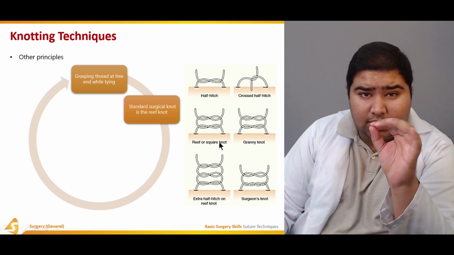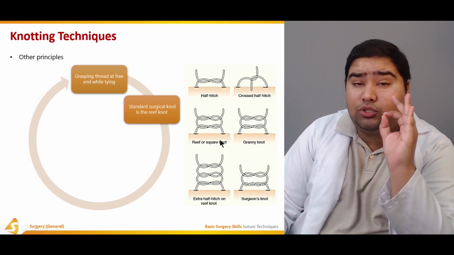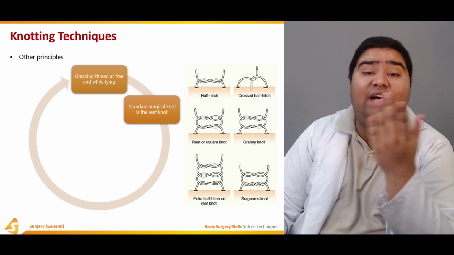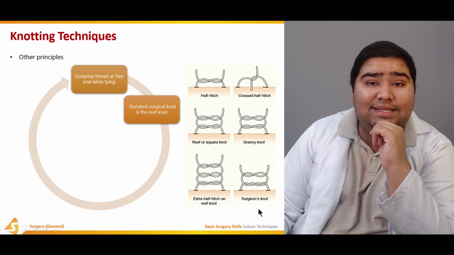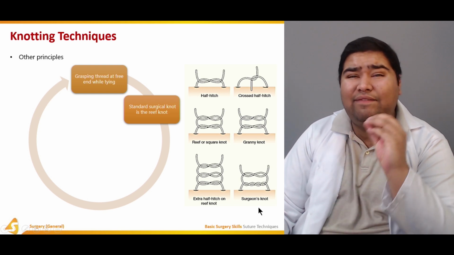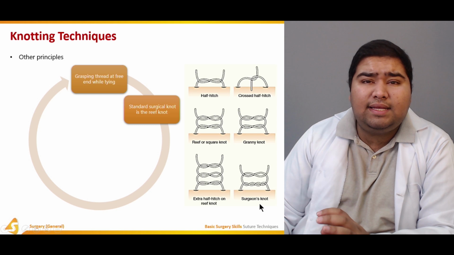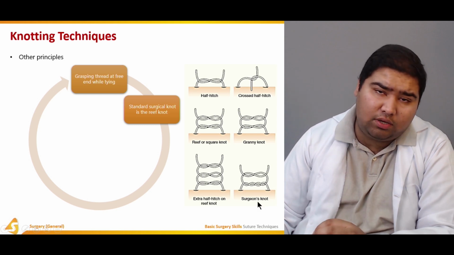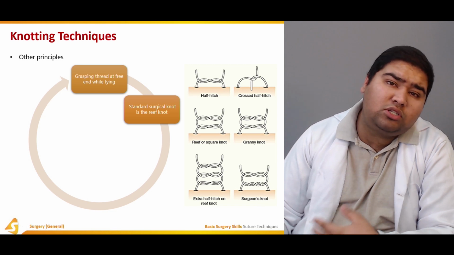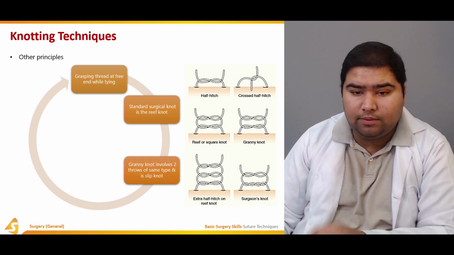This is what he uses. When the surgeon requires strength, say a vascular anastomosis is going on, the surgeon will need to have extra strength. And when the surgeon needs extra strength, the surgeon will tie a surgeon's knot. So this is the importance of a surgeon's knot.